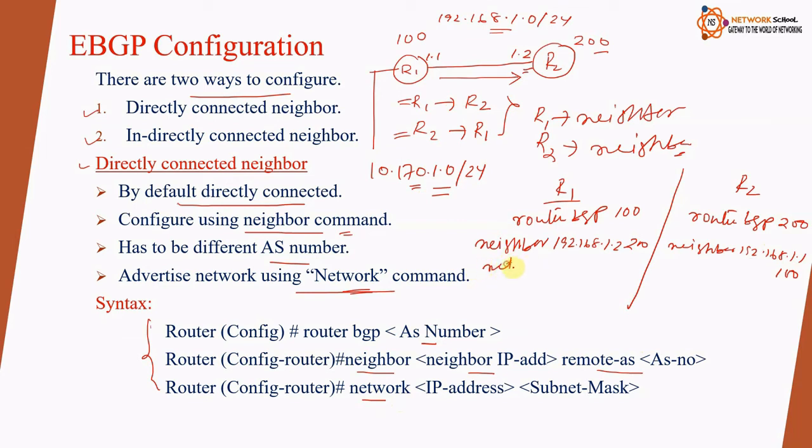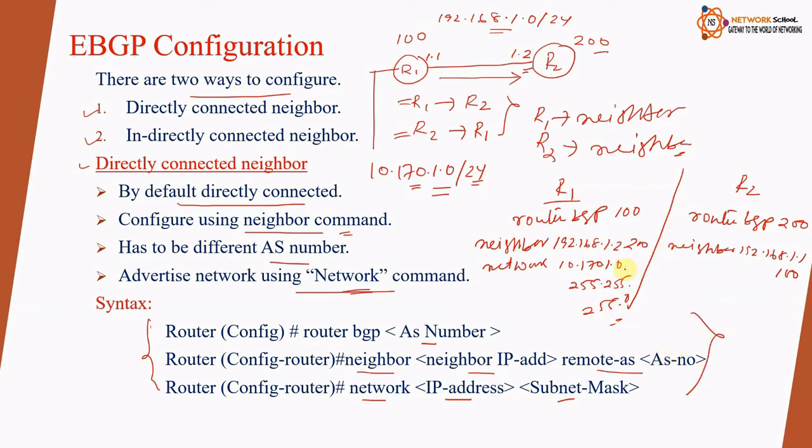We go to R1 and use network and specify the IP address 10.1.71.0, and then the subnet mask 255.255.255.0.